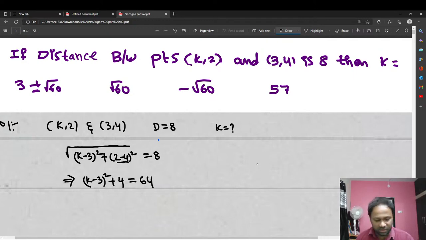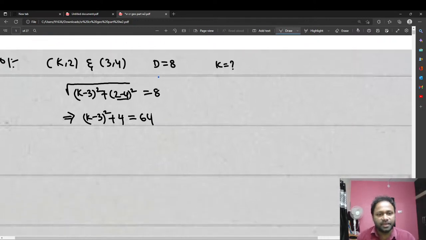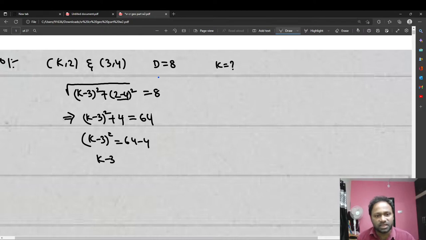Okay, so then what do we get? (k minus 3) whole square is equal to 64 minus 4. So (k minus 3) whole square value will be 60.